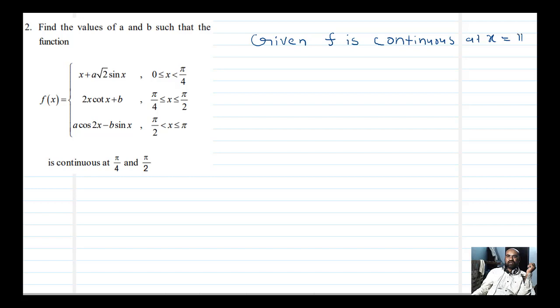I will complete pi by 4 first. What is the meaning of that? F of pi by 4 minus should be equal to f of pi by 4 plus, should be equal to f of pi by 4.